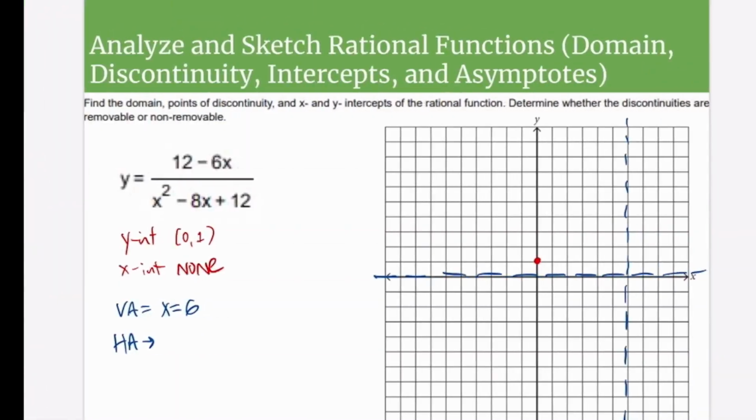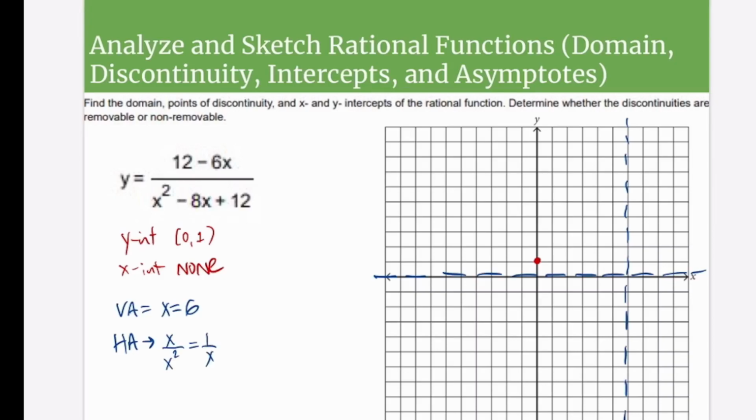So now we'll be able to graph all this. We have our y-intercept at 0, 1. We don't have an x-intercept. We have our vertical asymptote, which is x equals 6. To find our horizontal asymptote, you take those leading terms. So x on the numerator and x squared in the denominator. That simplifies to 1 over x.